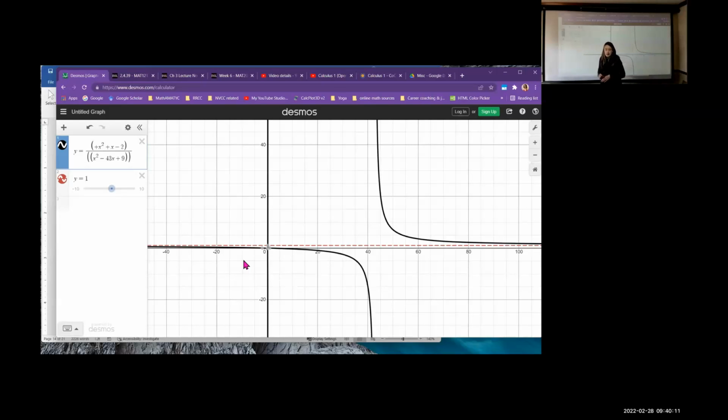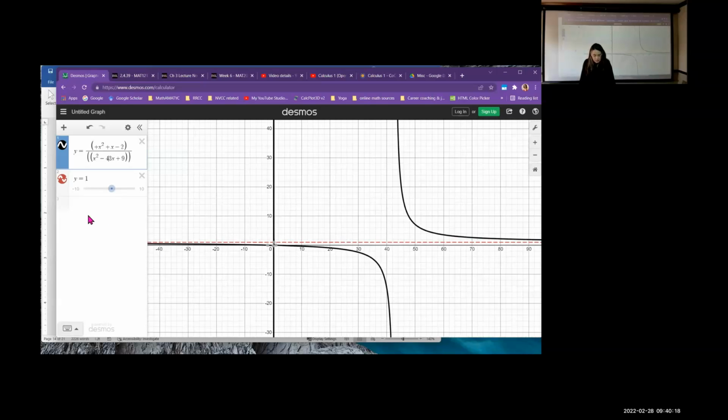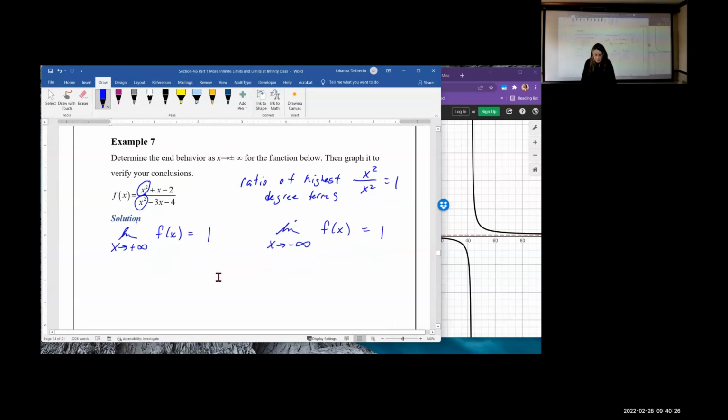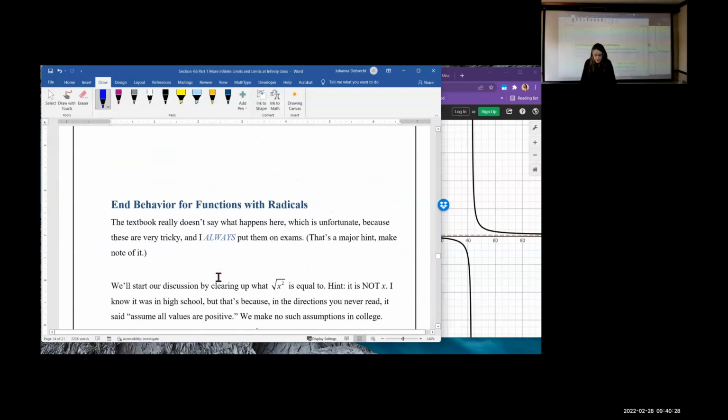It just added in an extra vertical asymptote at a value it cannot be. All right. So no matter what you have, if the ratio of highest degree terms comes out to be a constant, that constant is your horizontal asymptote. Okay.